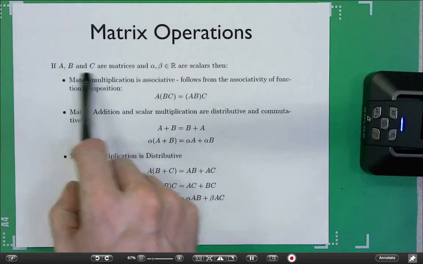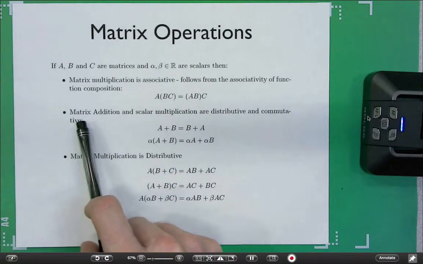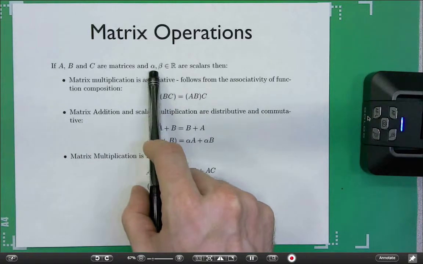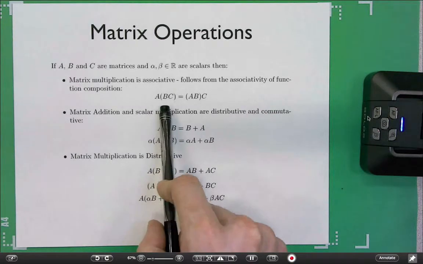If I have three matrices, with the right dimensions, and two scalars, then all of these statements are true. The first statement is associativity.